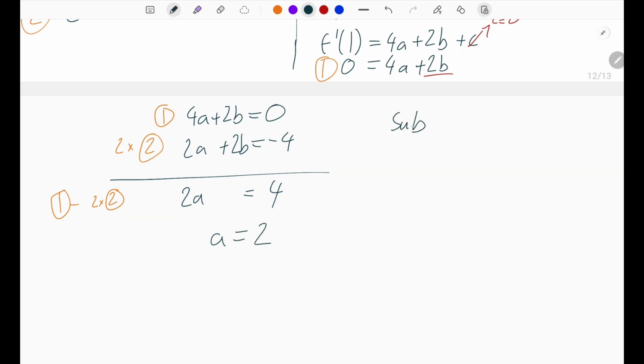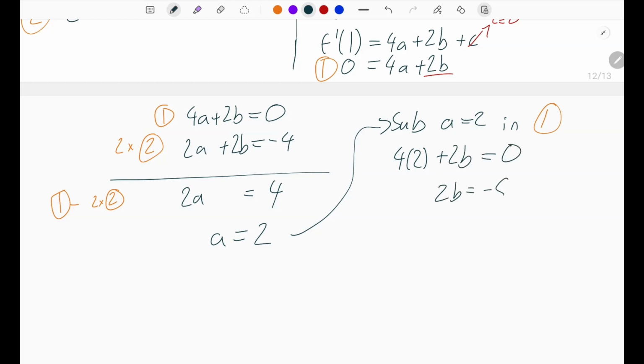Sub that back into your equations, whichever one you want. I'll just sub it back into equation 1. Actually, probably equation 2 would have been easier, but that's all right. 4 times 2, it's all pretty simple. Equal to 0.